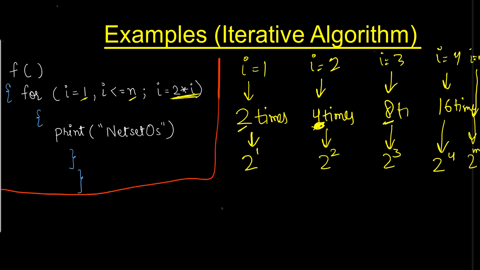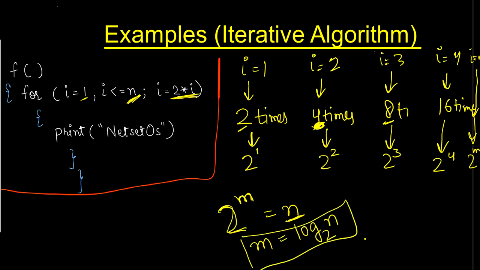So we can say 2 to the power m is equal to n, as it is the last number, and with 2 to the power m I can achieve this n till its last iteration. Now for calculating this m, it will be log n to the base 2. So we can say whenever we have 2 into I, it will run for log n base 2.